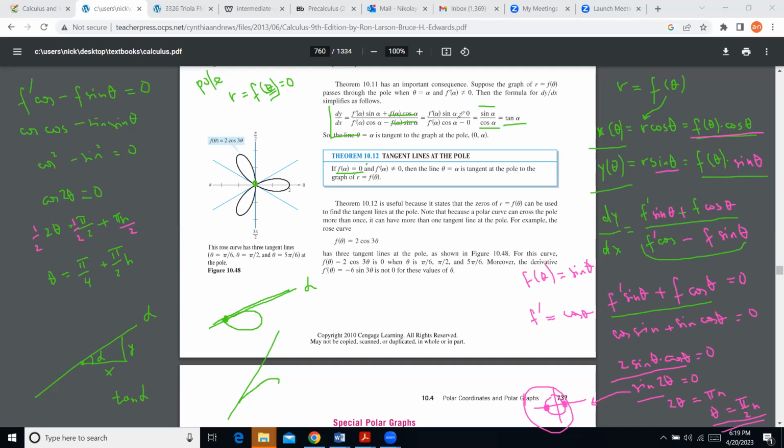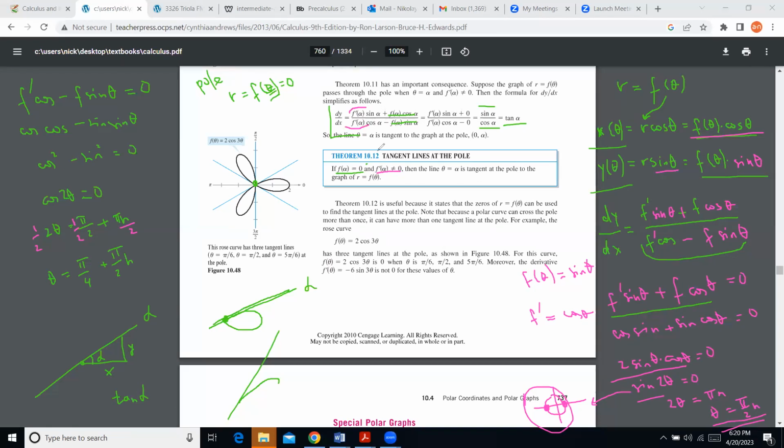And of course, I didn't mention the other condition, which is important from an algebraic perspective, because if it equals 0, then the whole thing is not going to make sense because we get 0 over 0, so it can be just anything, right? So you want to make sure that this derivative is not 0.